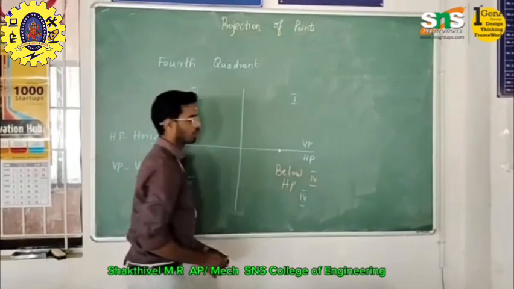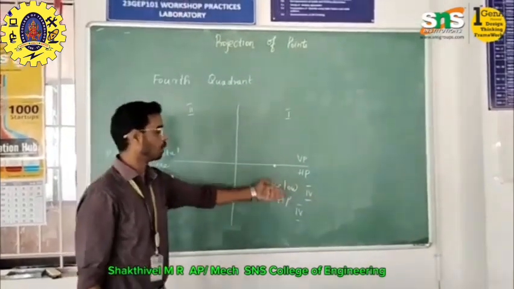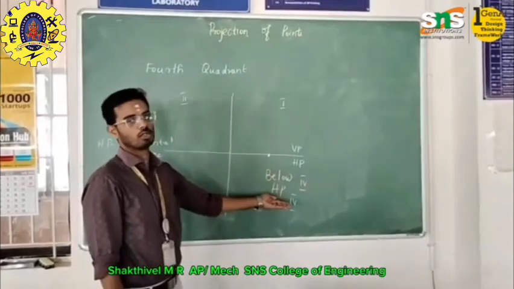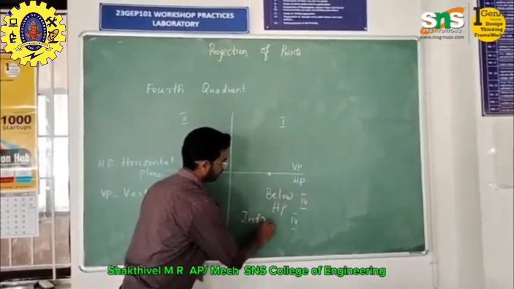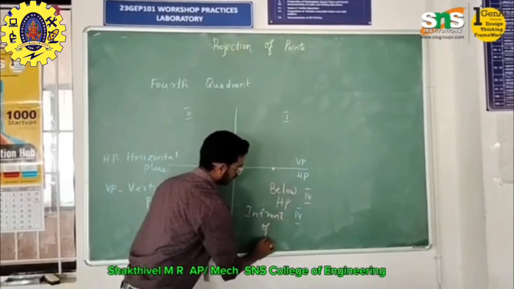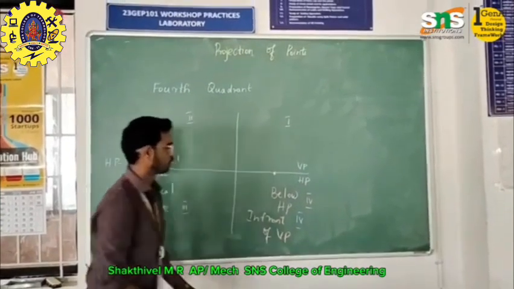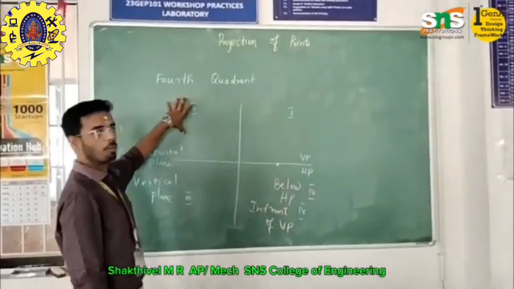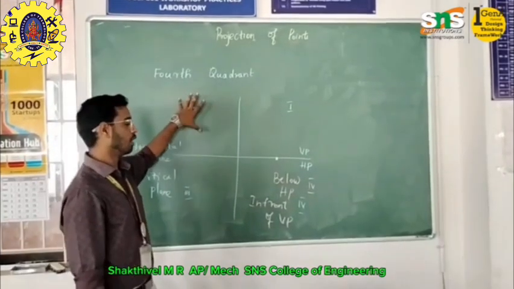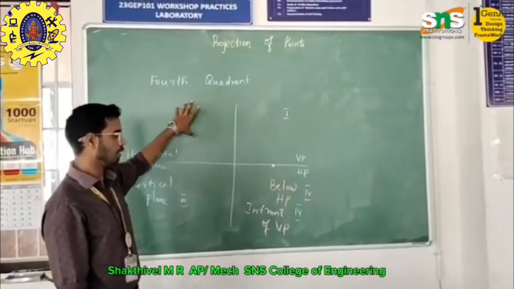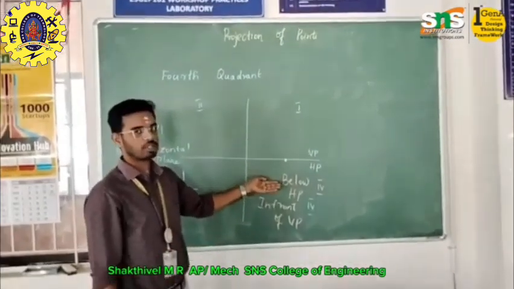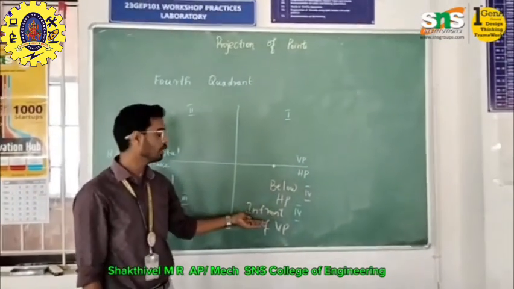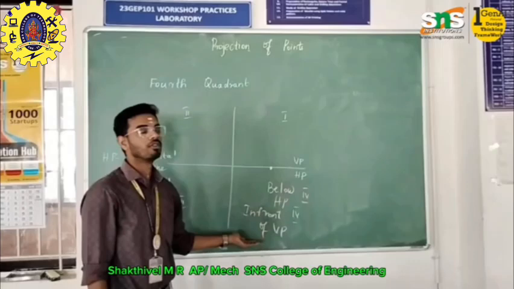So the projection of the point will occur below HP for the horizontal plane, and for the vertical plane, it is in front of VP. So the fourth quadrant is the opposite of the second quadrant. The second quadrant is above HP and behind VP, so the fourth quadrant is below HP and in front of VP.